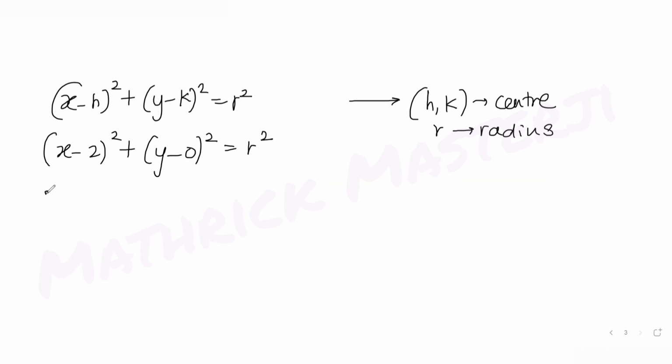Expanding, I get x square minus 4x plus 4, using a minus b the whole square is a square minus 2ab plus b square, plus y square equals r square.